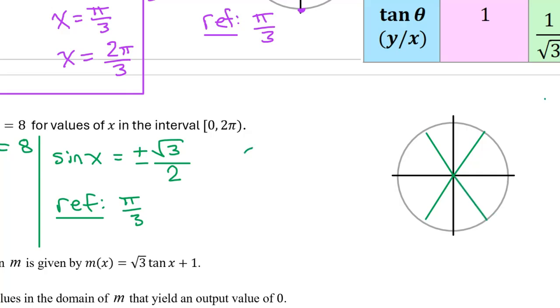So in quadrant 1, the solution is pi over 3 itself. Thinking of pi as 3 pi over 3, the solution in quadrant 2 is x equals 2 pi over 3. In quadrant 3, the solution must be 4 pi over 3.